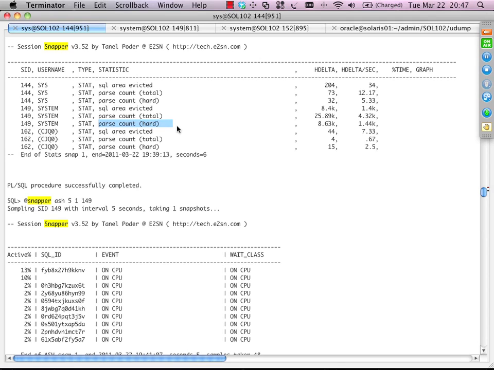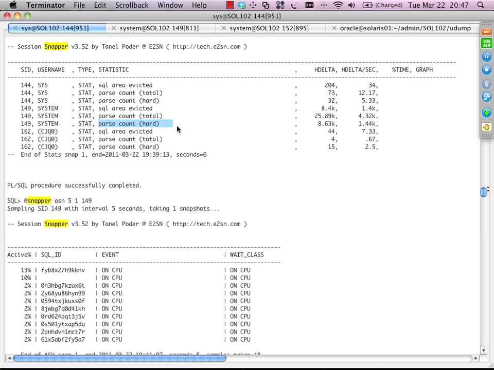But the question was, what about if the cursor is in the cursor cache? As Tom Kyte has said, when your statement is in the cursor cache, then a softer soft parse happens. You still have a soft parse, but it's softer, and the reason is that the cursor cache already keeps the library cache lock in place and pointers to the actual physical location of the cursor.